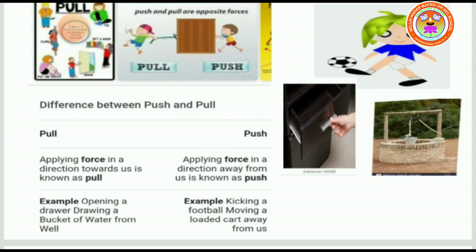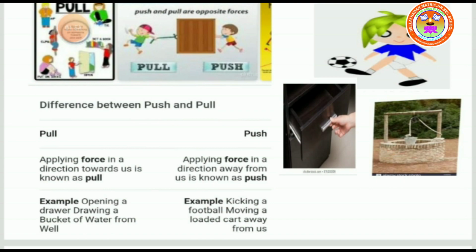What is the meaning of pull? Applying force in a direction towards us is known as pull. A few examples of pull: opening a drawer, drawing a bucket of water from the well. Push: applying force in a direction away from us is known as push.